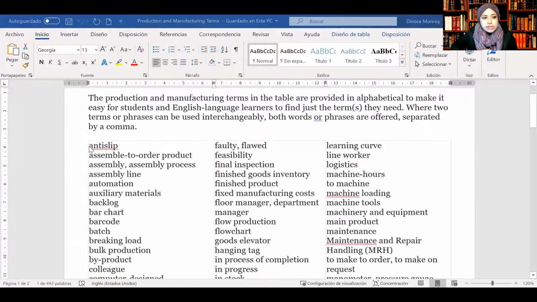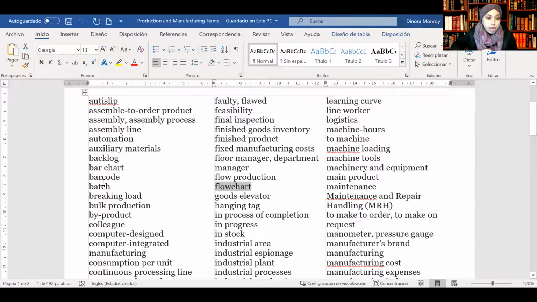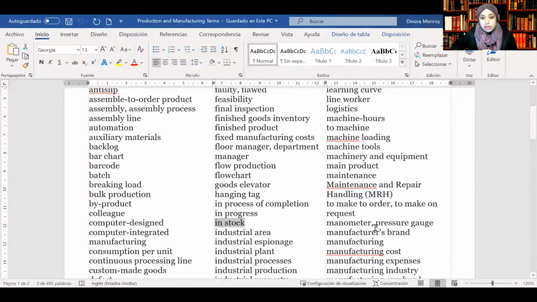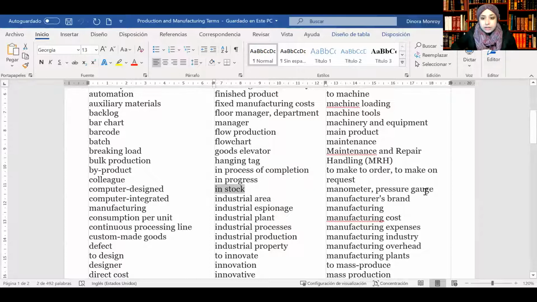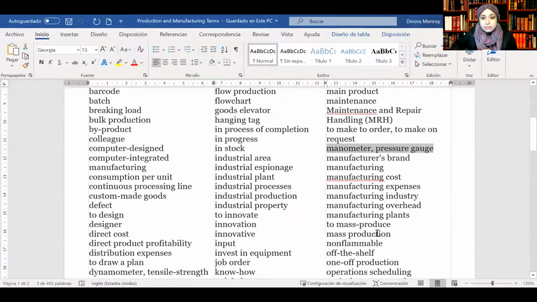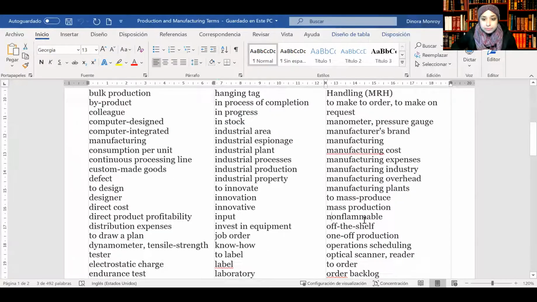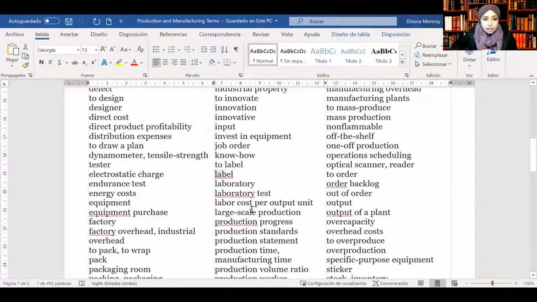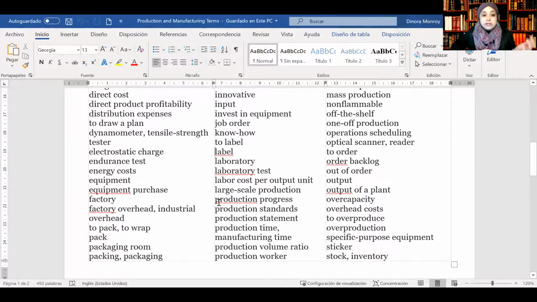So what I want you to do is to understand what anti-sleep is, what backlog means, what bulk production means, what in stock means, what's the meter of manometer, pressure gauge, what's the meaning of non-flammable, what does it mean to have a label, what is the difference between production progress, production standards, production statement, production time, manufacturing time. They do have different definitions.